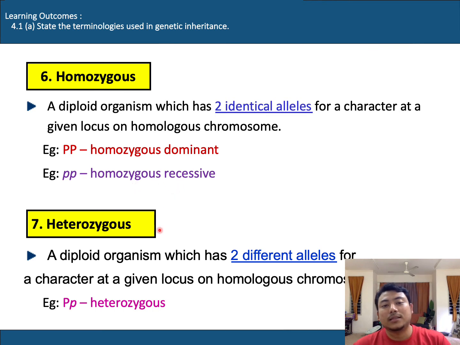Heterozygous, on the other hand, is the contradiction of homozygous. So it's a diploid organism which has 2 different alleles for a character at a given locus on homologous chromosomes. For example, uppercase P and lowercase p.